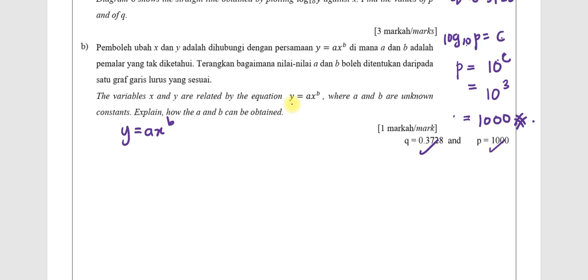So I have to add log on both sides. You want to find the value of a and b, very easy. First of all, you got power, so I think we add log to both sides.